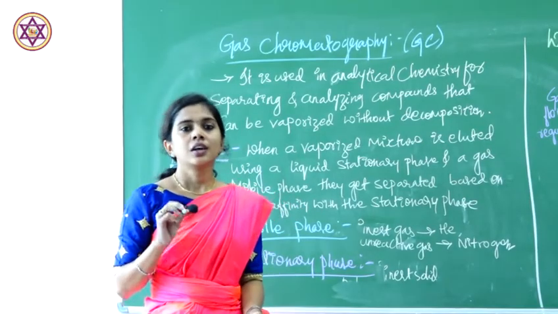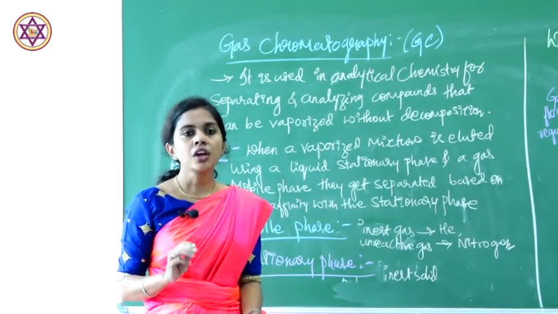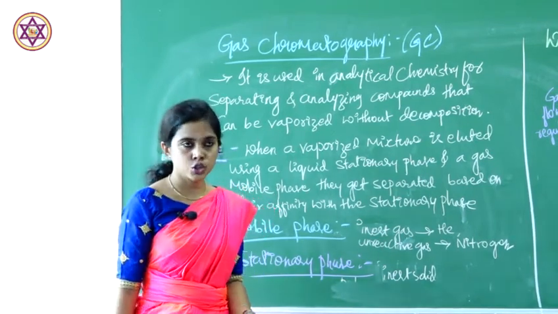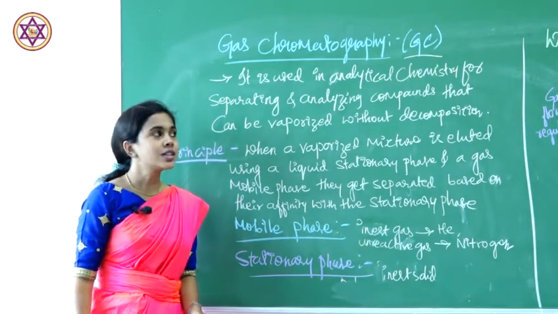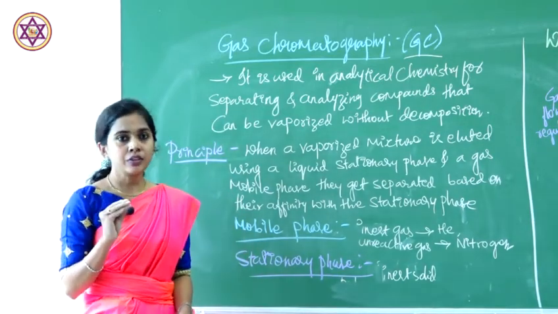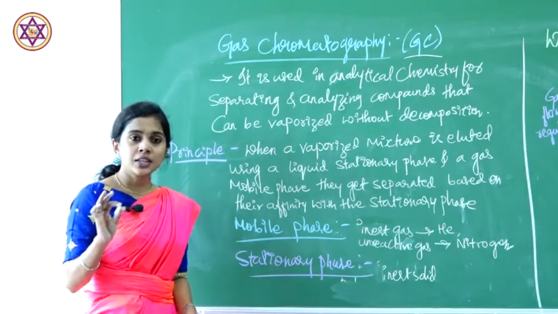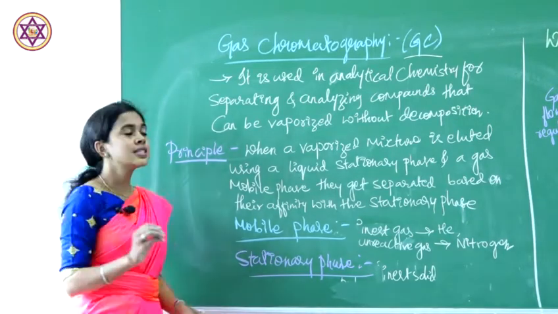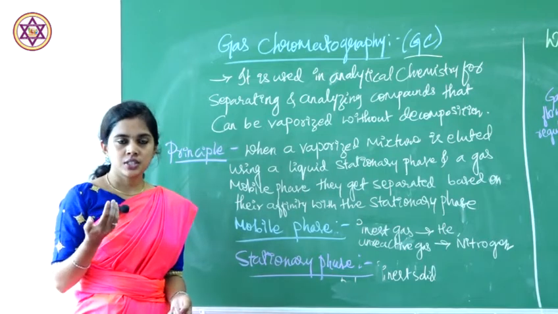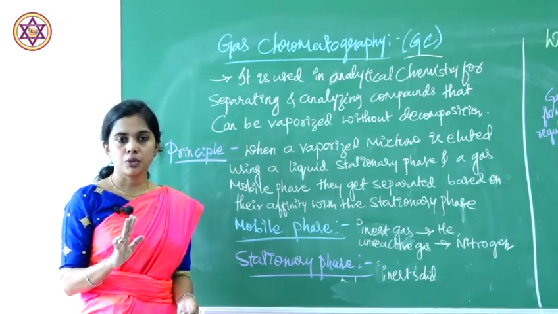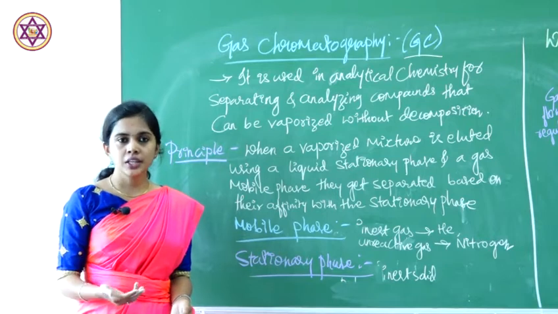Next one is gas chromatography, or GC in short form. This is an analytical chemistry technique used for the separation of compounds that can be vaporized without decomposition, meaning they are volatile in nature.